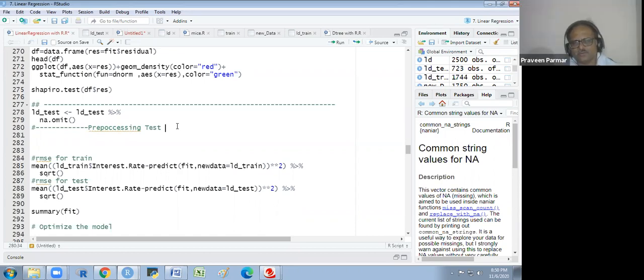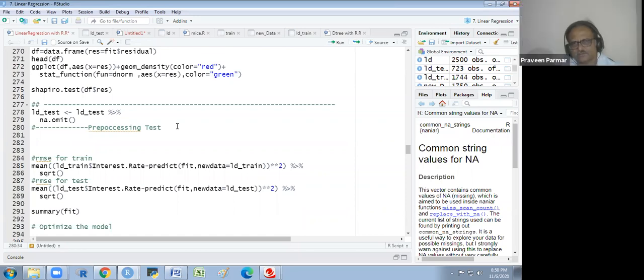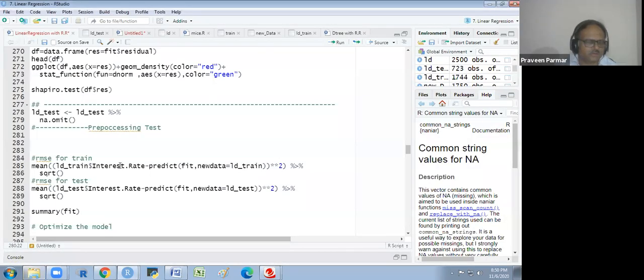VIF is also used for heteroscedasticity, you know that? But that's mostly for multicollinearity. Heteroscedasticity and autocorrelation are a little different. Sorry, sir. Yes, VIF we use for multicollinearity. I will tell you all these things later on. It was in the PPT.